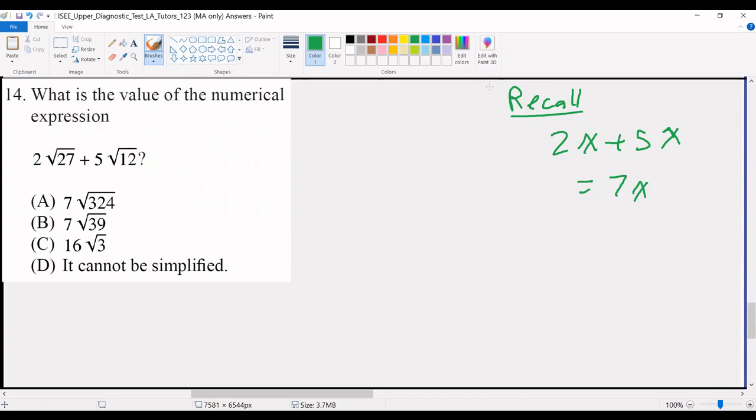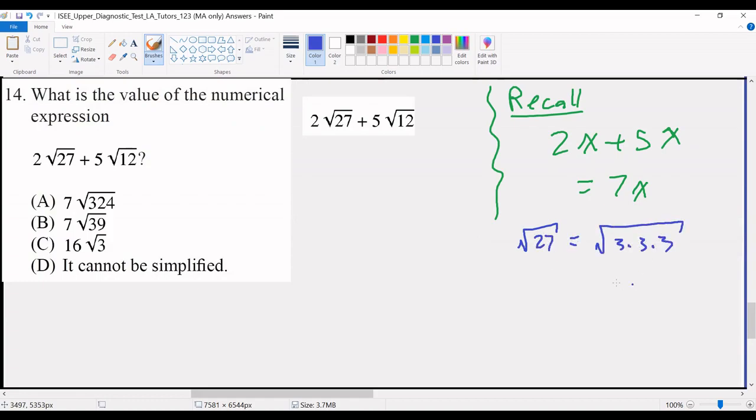So what does this mean for our problem here? What we want to do is simplify our radicals in such a way that they're the same. So let's remind ourselves off to the side here. The square root of 27 is the same thing as the square root of 3 times 3 times 3.